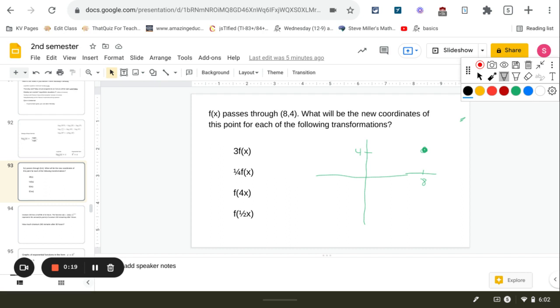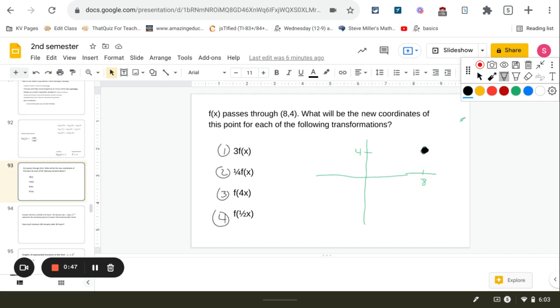So I've got four: vertical stretches and vertical compressions, a horizontal compression, and a horizontal stretch for that last one. And the question is, in each of these scenarios, where will those functions send (8, 4)?